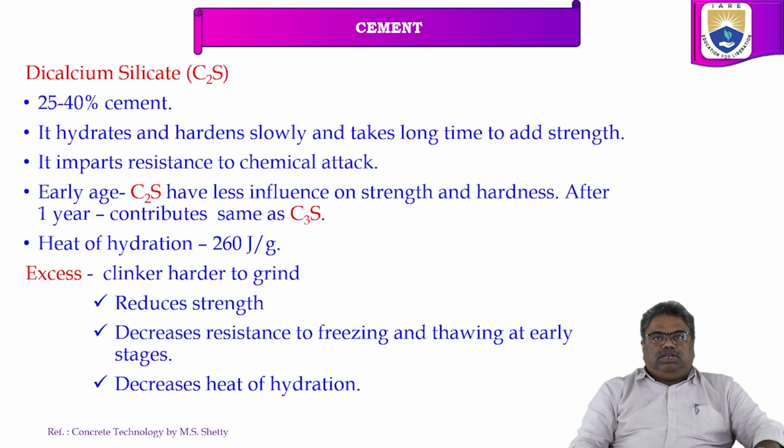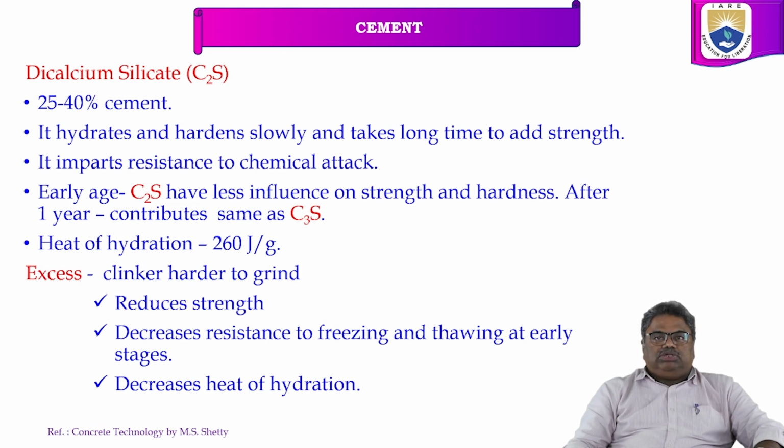Now dicalcium silicate. What is dicalcium silicate and how does it affect the cement? It is present at 25 to 40% in the cement. It hydrates and hardens slowly and takes a long time to add strength. It imparts resistance to chemical attack.